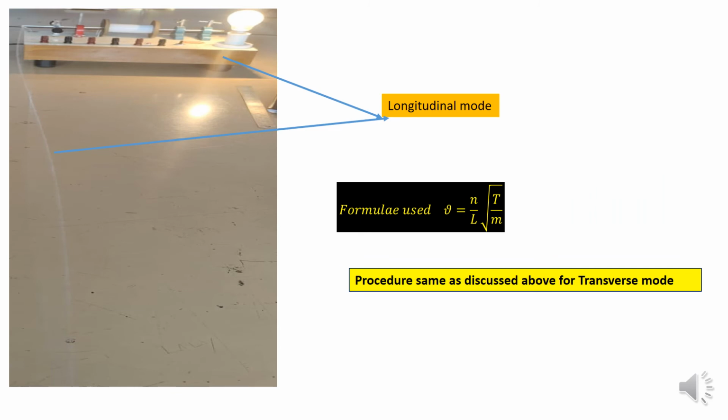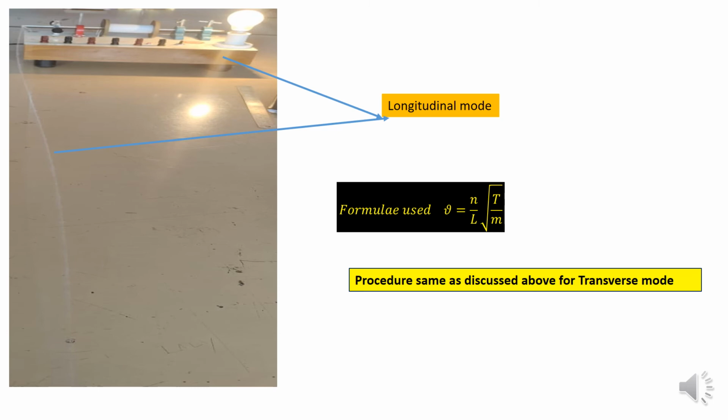So this was the transverse mode. If the longitudinal mode is there, this electric vibrator and this thread will be placed in such a way, not perpendicular. This is perpendicular, this is the transverse mode.